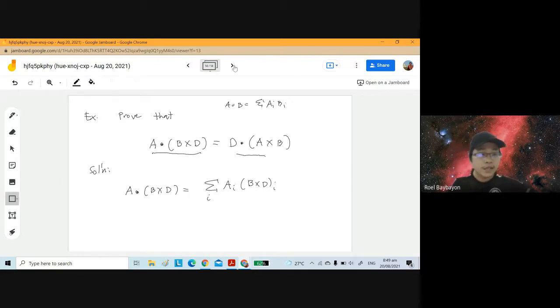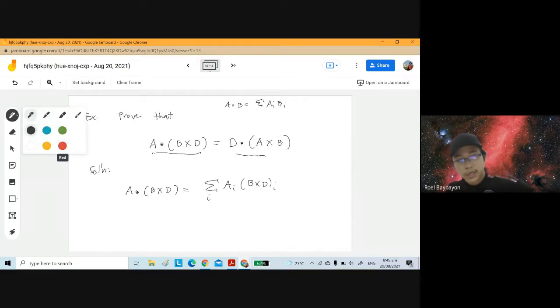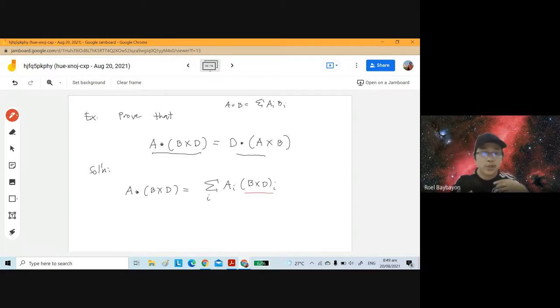Aha. I know this, right? The i-th component of a cross product can be written in terms of a summation using the Levi-Civita symbol. Okay?